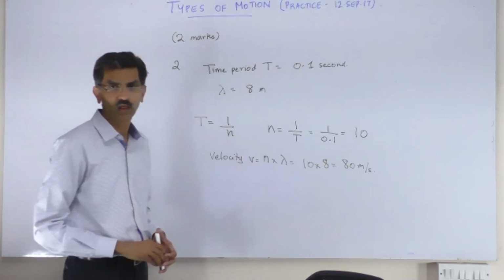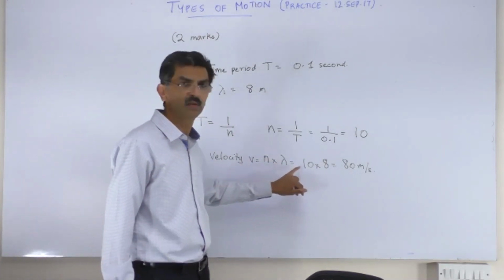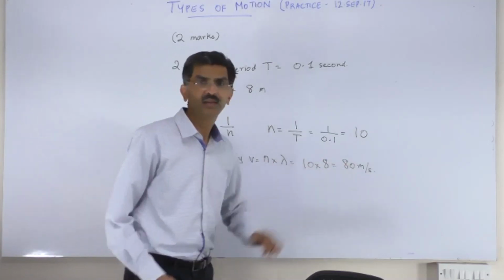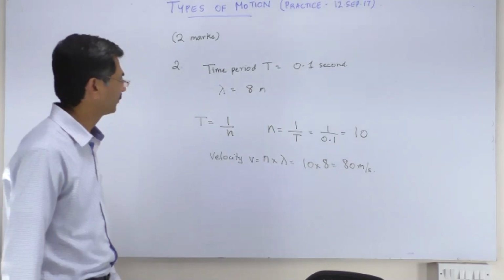So the answer in this question is frequency multiplied by wavelength, which is 10 multiplied by 8, 80 meters per second. That is the answer to the question.